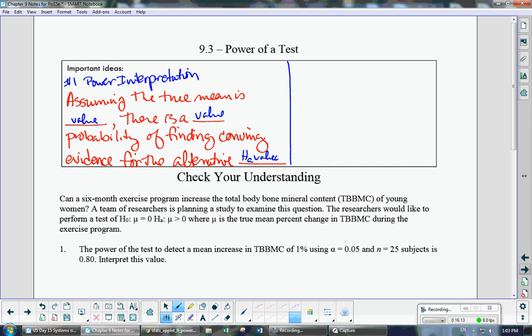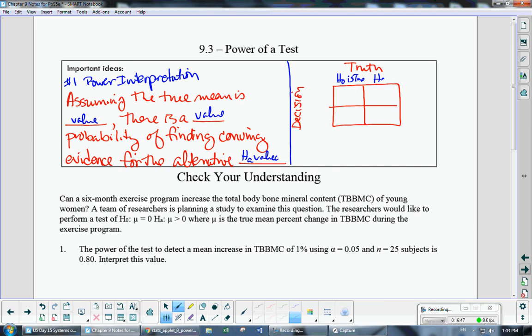Now, interesting thing about the power. The power allows us to talk about, we've already talked about type 1 error, okay? And we've drawn this box before. We've got truth, and we have a decision. And so let's say the truth is the alternative hypothesis is true.